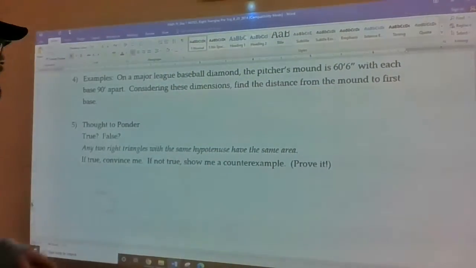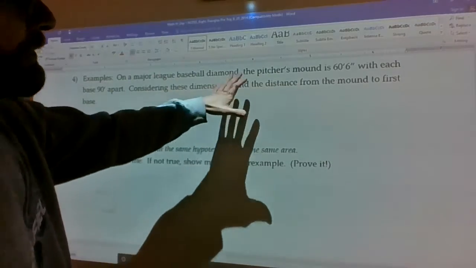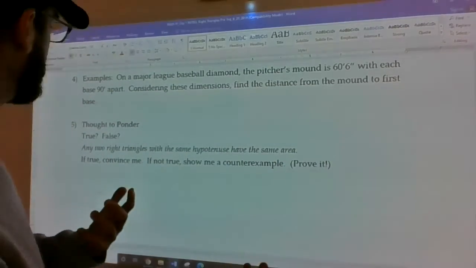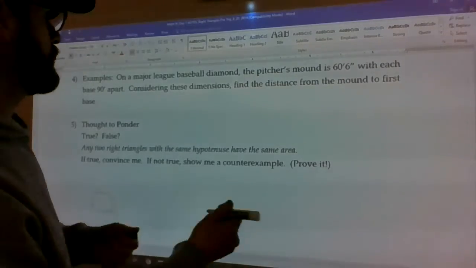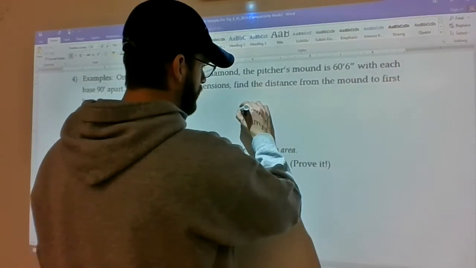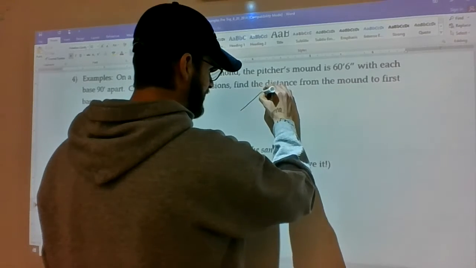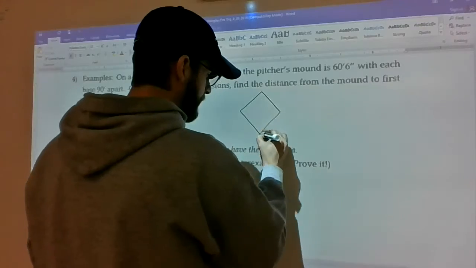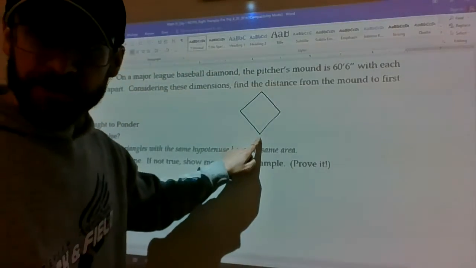At any rate, on a Major League Baseball diamond, the pitcher's mound is 60 feet and 6 inches, with each base being 90 feet apart. So a baseball diamond literally looks like this. All right? So home plate is right here.